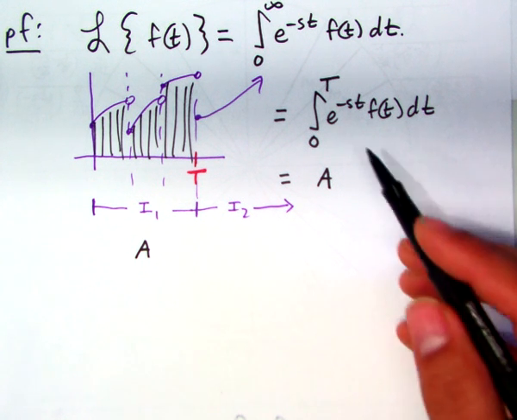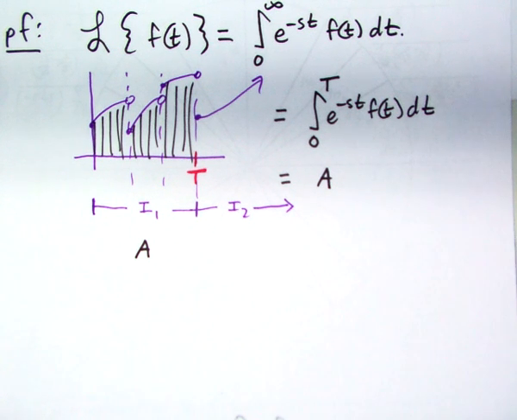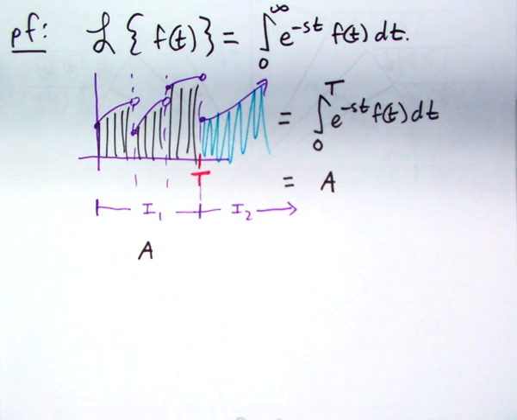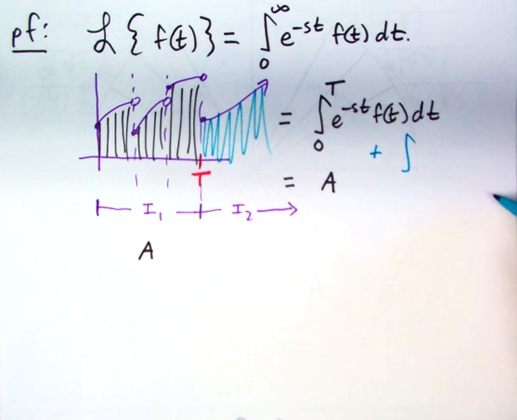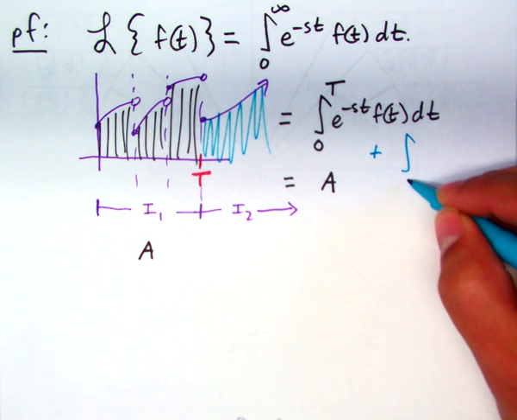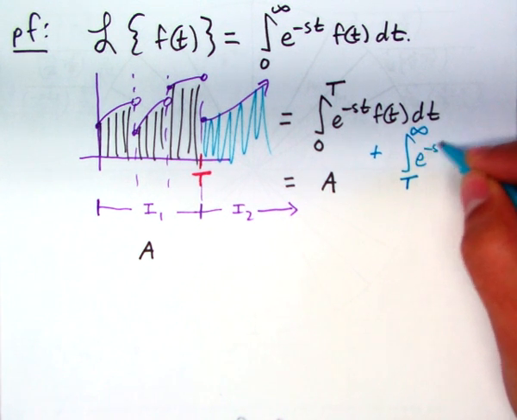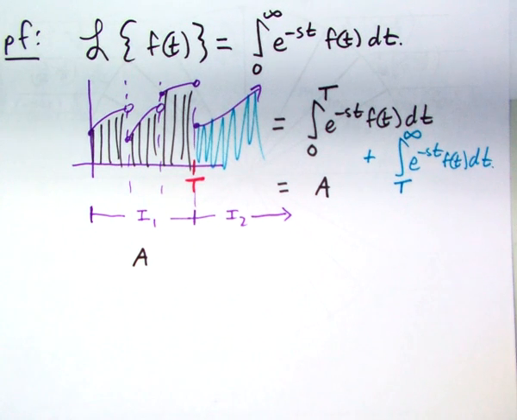We can split it up and add up all the parts. So this part will be just A. And now the other piece is this one over here. That'll be plus the integral from T to infinity of e to the minus st f of t dt, and we're going to call that B.